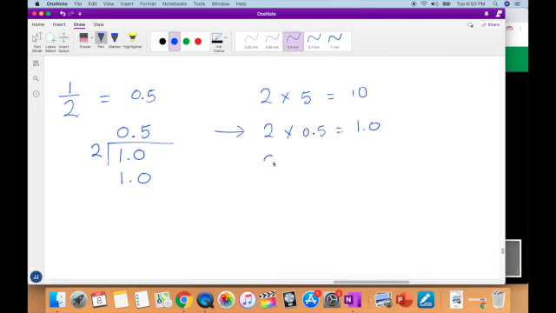So what about this? 2 multiplied by 0.05 will give me what? Same thing I was just talking about. First you multiply it normally. When you multiply normally, what do you get?